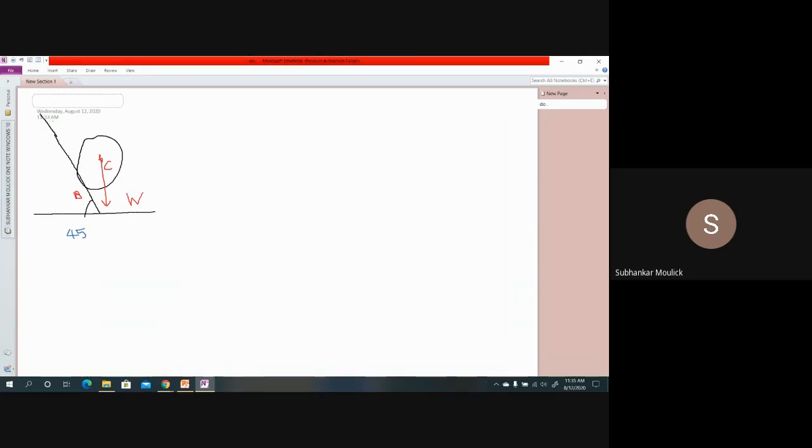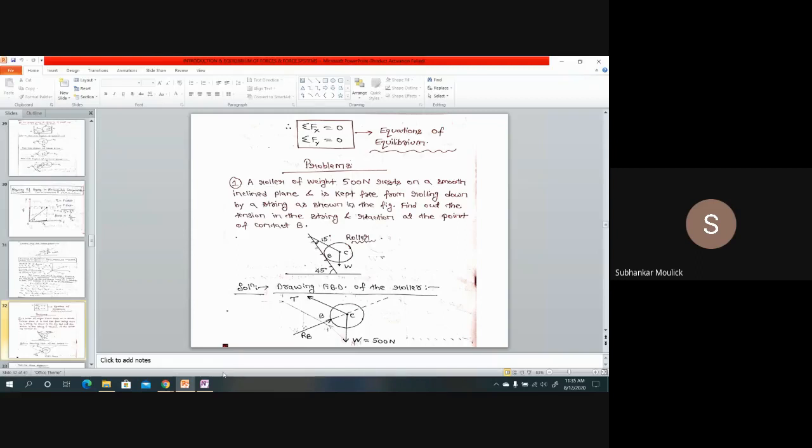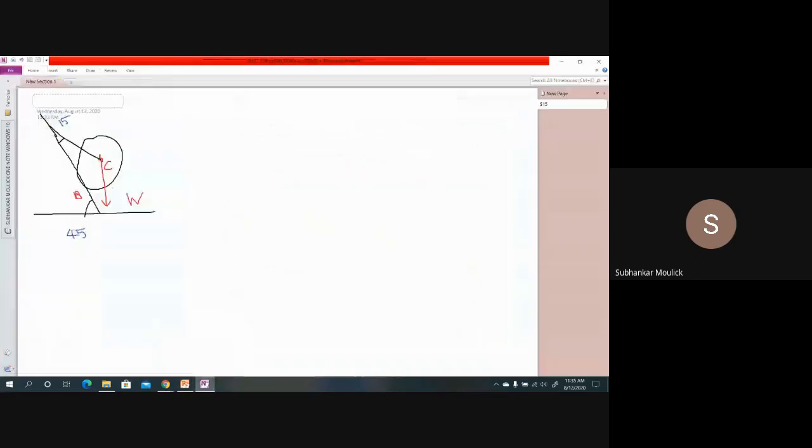Say this is the string, and the angle which the string is making is 15 degrees. They have not given any other point, fine. So now this is my problem. I have to draw the free body diagram.